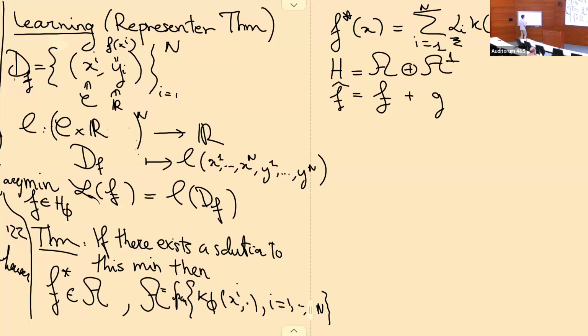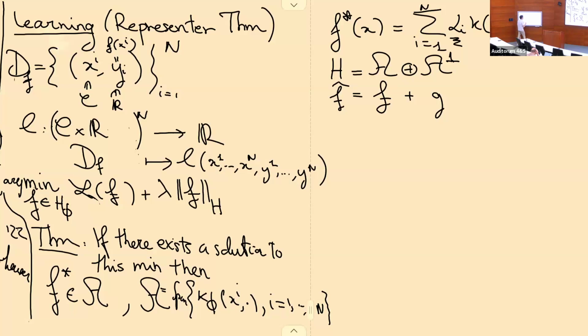And then, actually here I forgot something: this L is actually a regularized optimization. So you need to add the regularizer. Okay, so you have the loss function here plus a regularization.